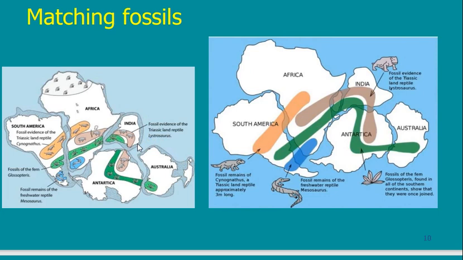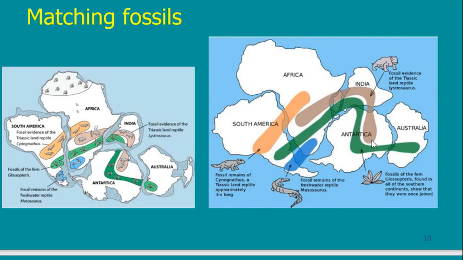If I have fossils in this area, it means that the same fossils in Africa were found in South America. The same fossils in this part of Africa match fossils in India, match fossils in Antarctica, the South Pole, or the North Pole.